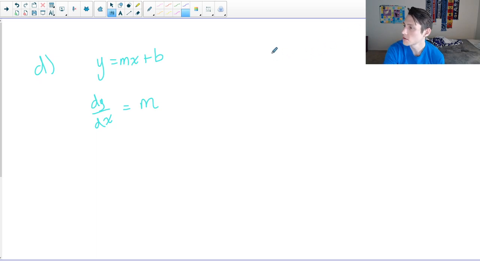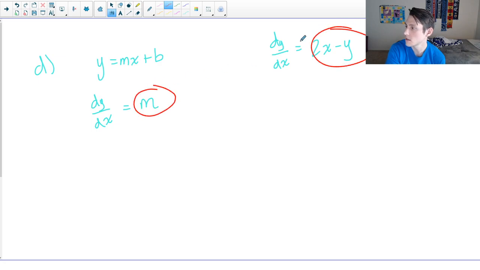But we also know from our original equation that dy dx is the same thing as 2x minus y. That's what was given to us at the beginning. So let me set them equal to each other: 2x minus y equals m.